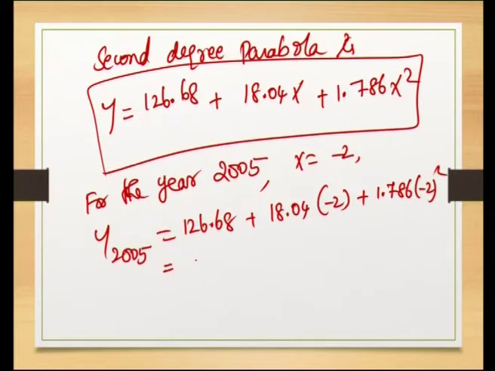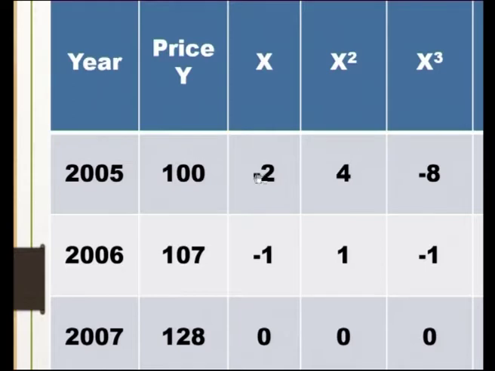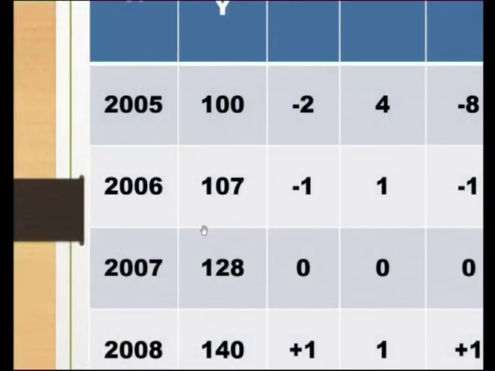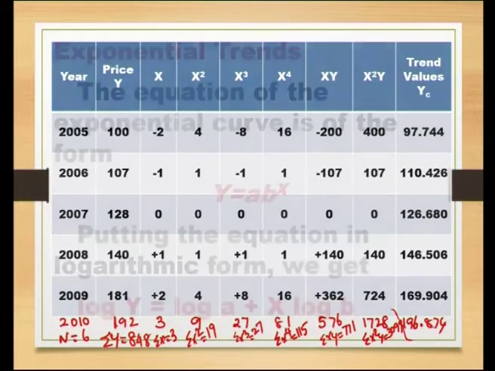This value comes to be equal to 97.744. Okay. Similarly, for the year 2006, we calculate the value as 110.426. Likewise, these values are calculated up to the year 2010, where the trend value is 196.874.